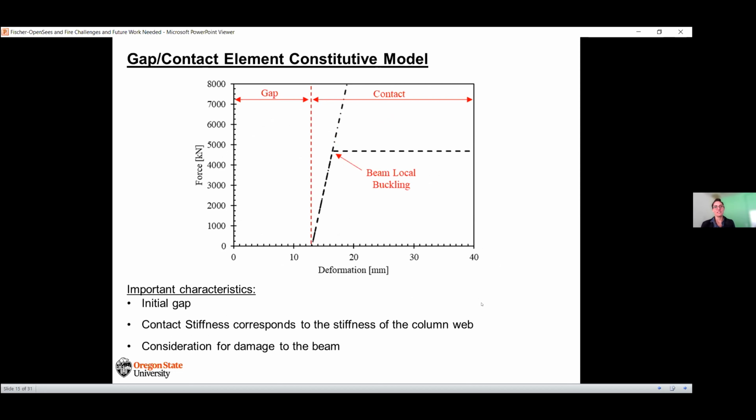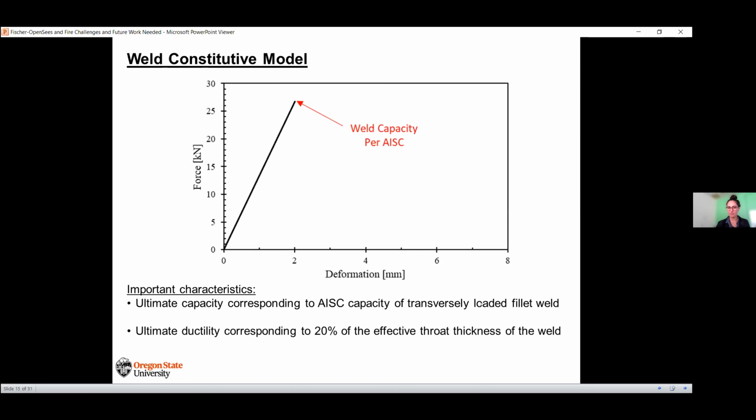The other model simulates that beam bottom flange buckling and limits the force transfer that can occur through that connection because of that buckling. And then lastly is our weld capacity. So we used the ductility that is suggested through AISC as our deformation limit, and included a brittle fracture for our weld capacity.